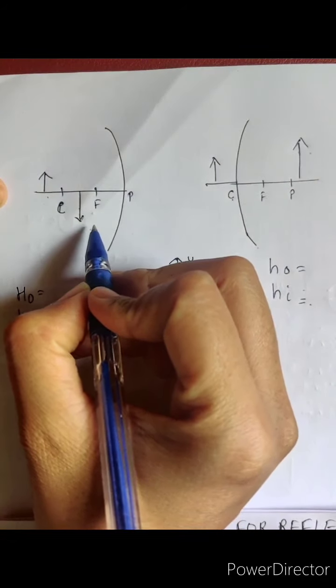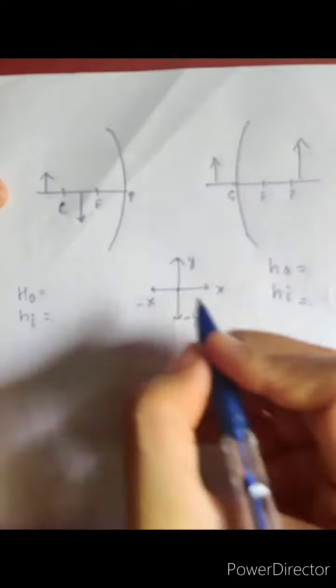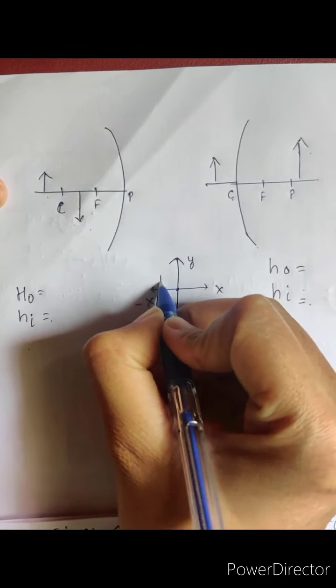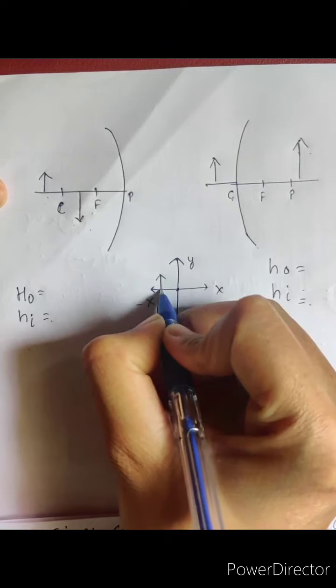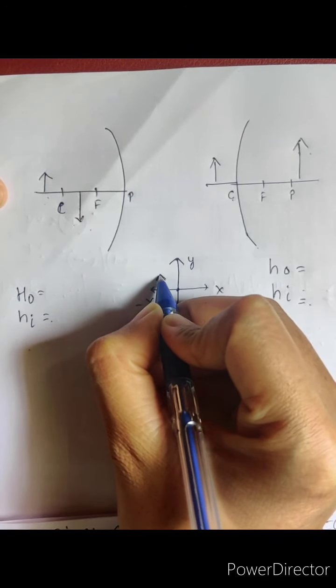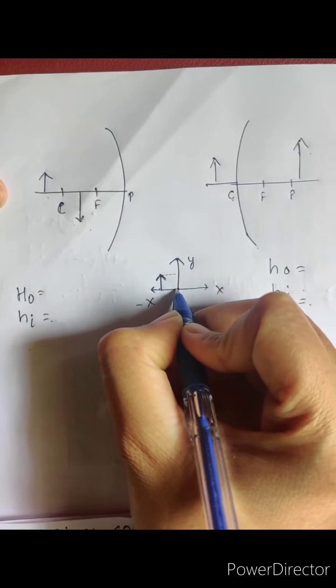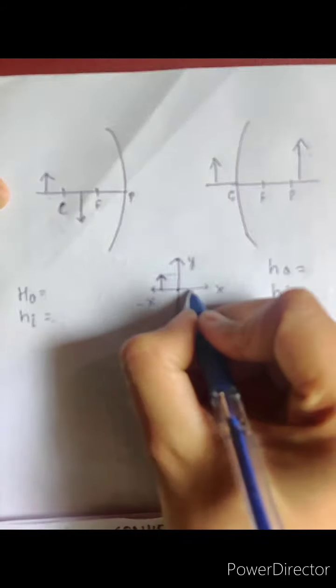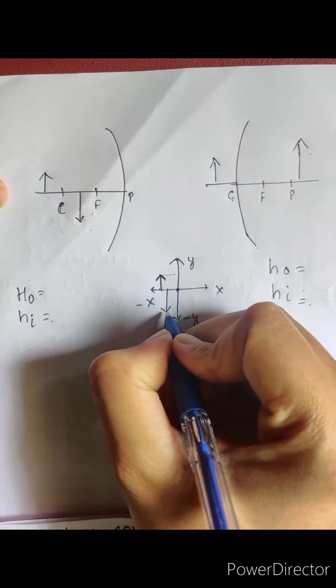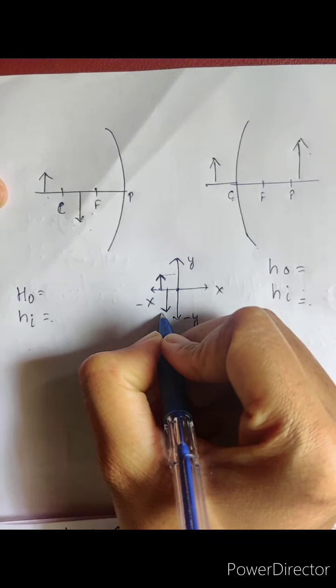Now let's study the sign convention associated with the height of image. As you all know, if you want to know the height of an object which is present at minus x-axis, you will always measure the height in accordance with the y-axis on which it is present. Suppose an object is present at this position and you want to measure its height.